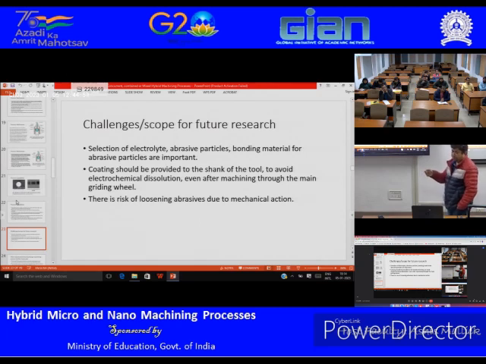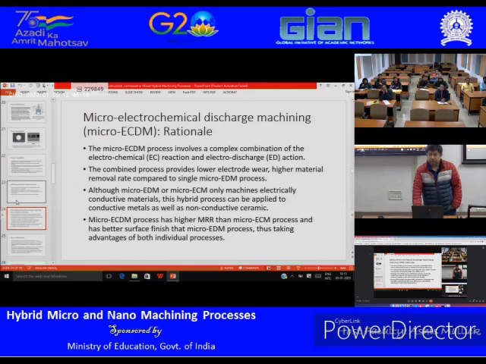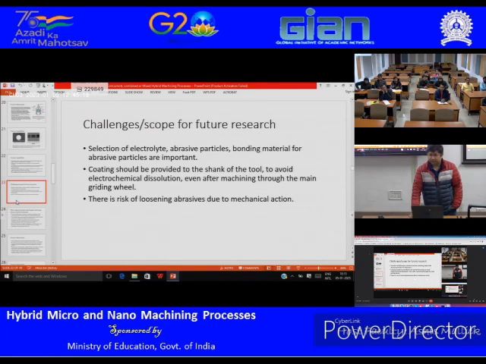Because electrochemical dissolution may also remove some material from the binder material over time, and that will loosen the abrasive particles and can cause some kind of problem. So can you go with ductile material? Yeah, in most cases ductile material you can do, because that is not doing any mechanical action, right? So ductile material should be fine.